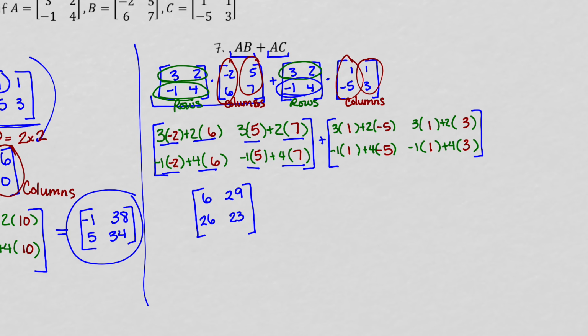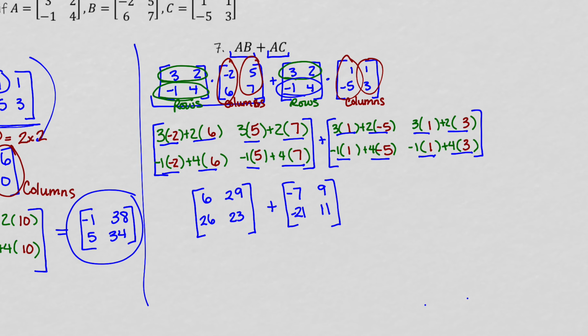So there's the first matrix, and then it's going to be plus the second matrix. So I have 3 plus a negative 10, so negative 7. 3 plus 6 is 9. Negative 1 plus negative 20 is negative 21. Negative 1 plus 12 would be 11.